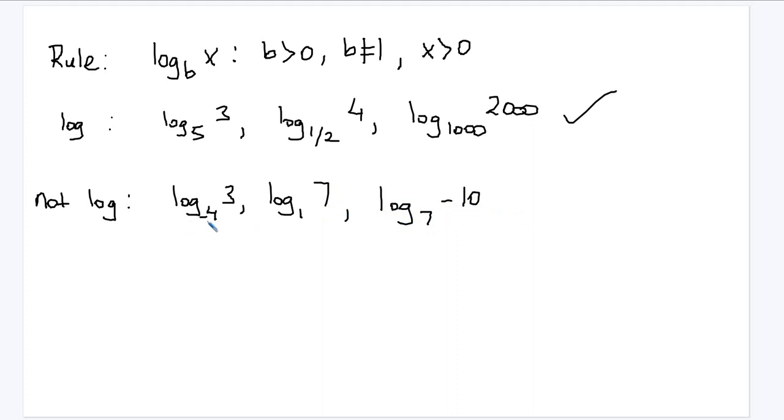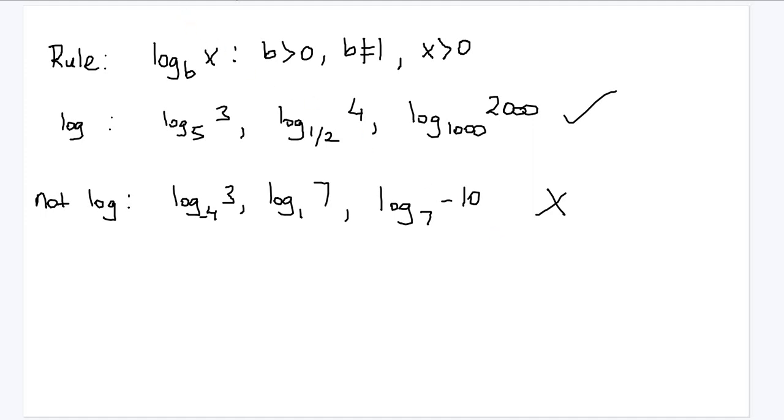Because if you check the first one and the second one, the bases are not good because we want it to be positive and we want it to be other than 1 to say it's logarithm. In the other one, if you see the x number here, that is something negative. It has to be also positive. So these are not log. So based on what we discussed here, when we plug the numbers into the equation to see if they verify or not, we have to see these rules first to talk about whether we have extraneous solutions or not.